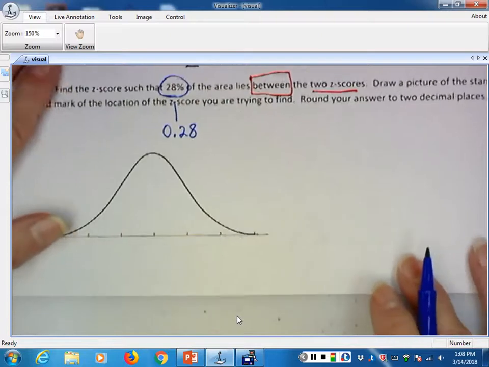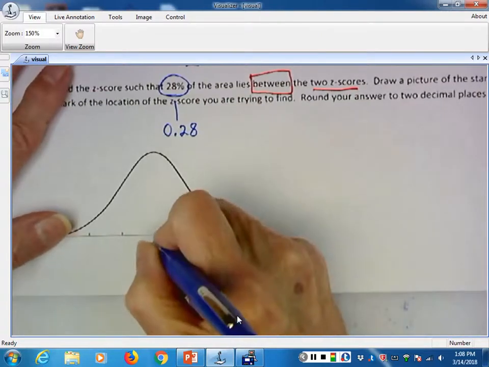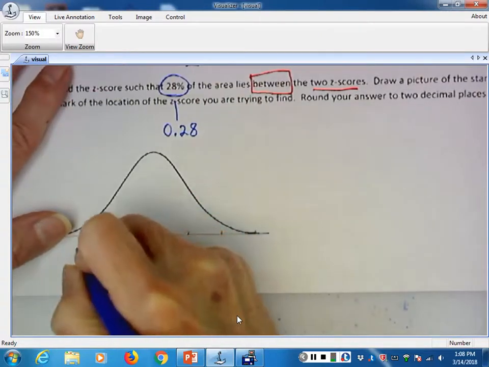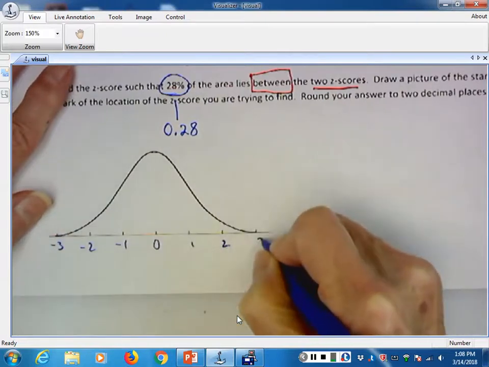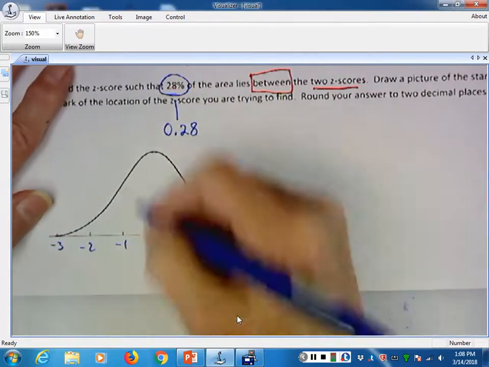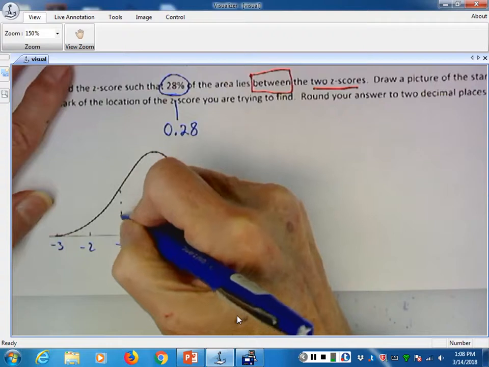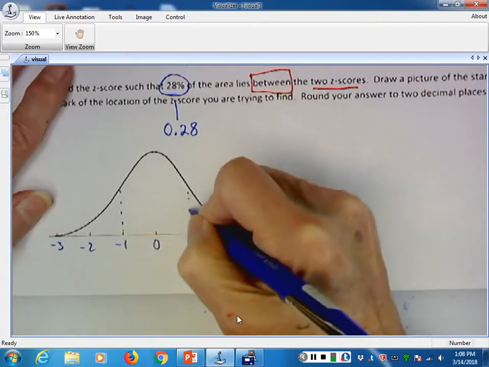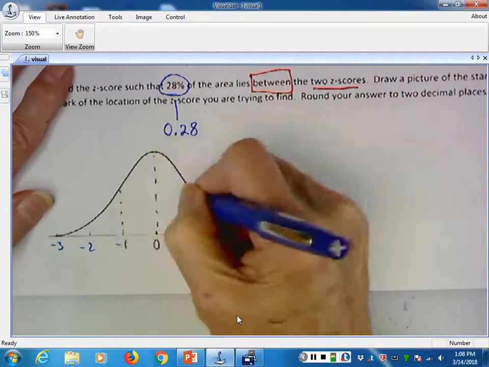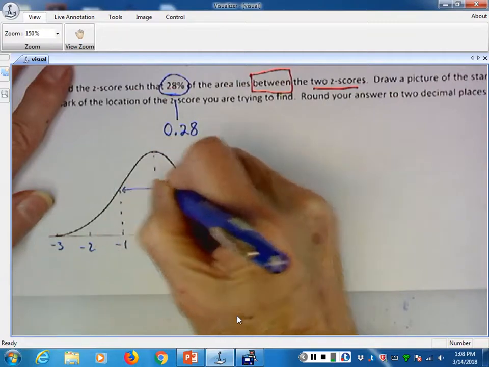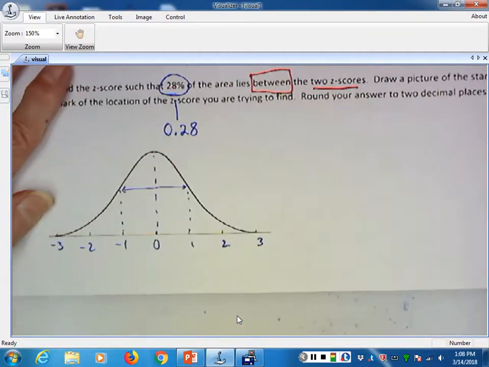So from knowing a little bit about the curve, this is what I know. I know this is the mean. I know the standard deviation is 1, and the empirical rule tells me that 68% total is between those two.